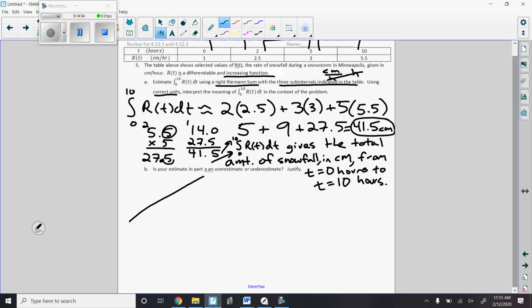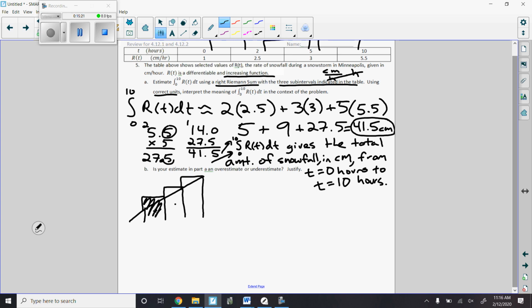So here's an increasing function. When I put in my subintervals, I'm using the right side of the interval to make my rectangles. So for this subinterval right here, I'm using the right side. For this subinterval right here, I'm using the right side.